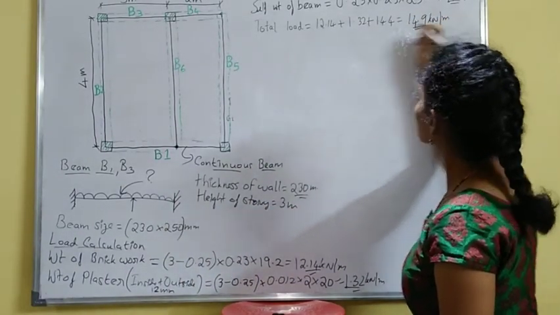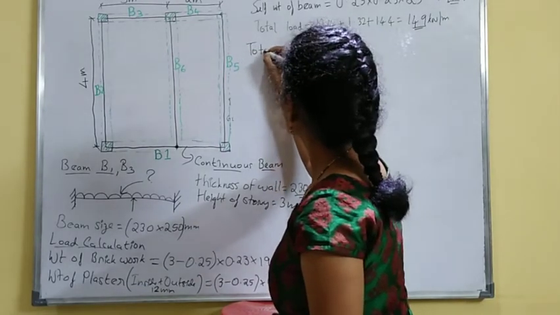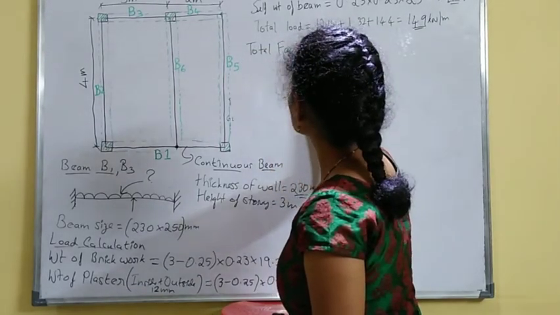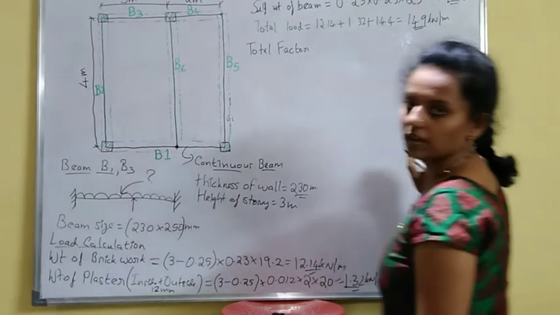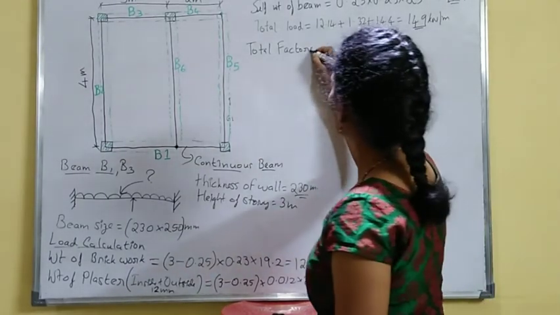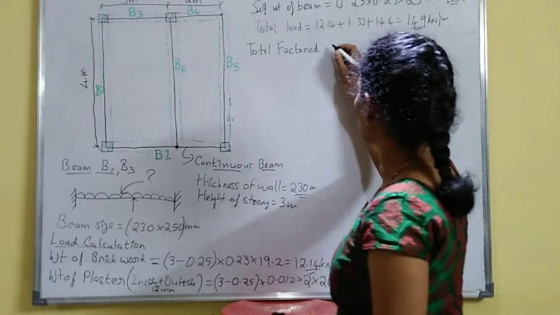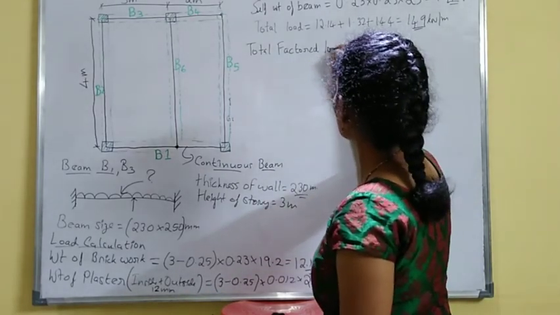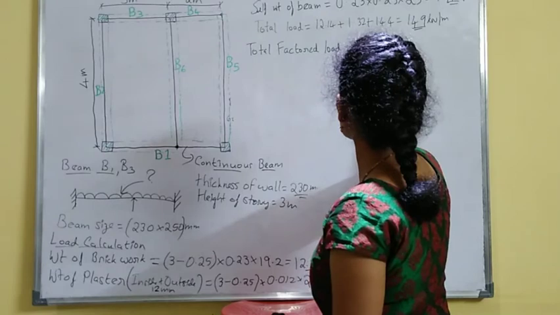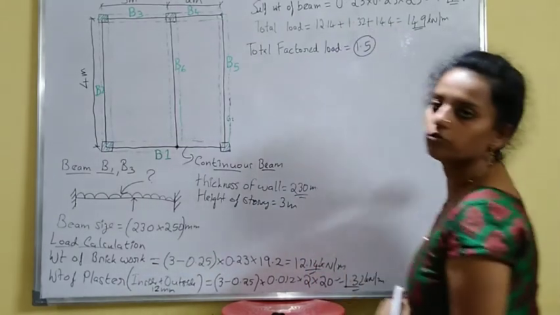Therefore, total factored load, you have to consider a factor of safety for that. That is given in the code book: what factor of safety we have to consider for beam, column and all. Here the factor of safety you are going to consider is 1.5.